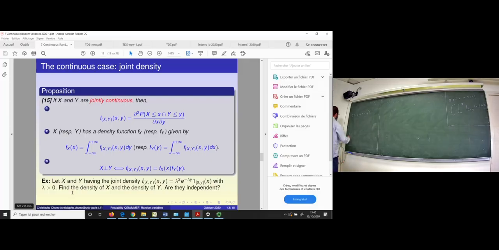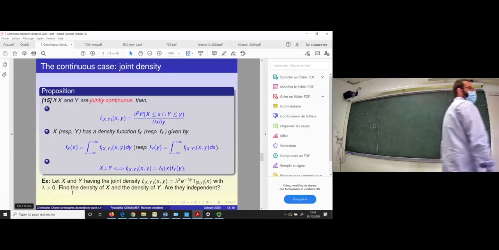So I can write it this way: minus infinity to x, and then minus infinity to y, of f x y (u, v). I can do the job with respect to the second variable here, and the first variable there, in the order I want.